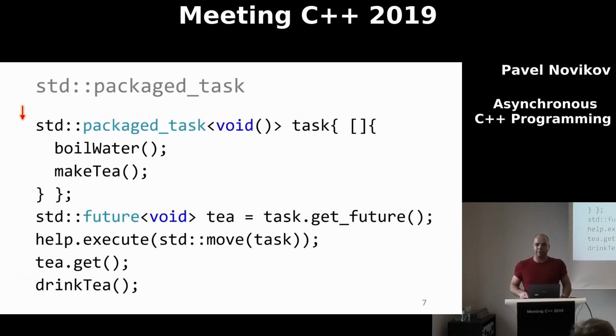Okay, next is the packaged_task. It works very similarly to that, but instead we just say what we want to do instead of actually scheduling a task. So we want to do exactly the same. We create a task object. We then obtain a future from that task, and then we can use something that executes our task, something like an executor or a thread pool or whatnot.